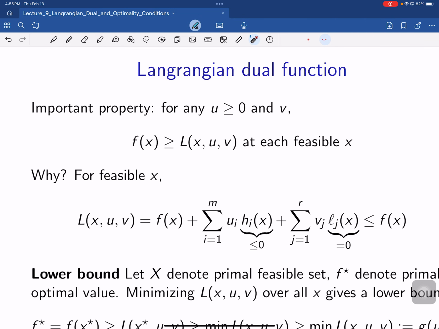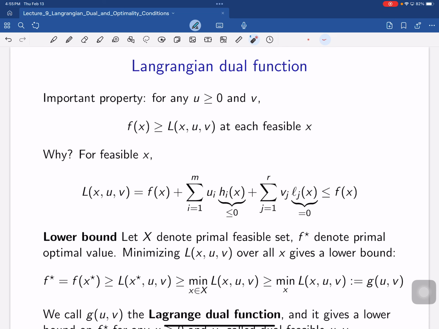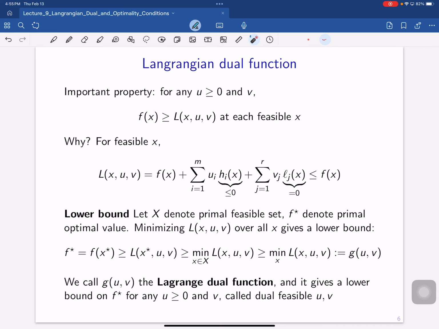So here the argument is for any u greater than or equal to 0, now we have this particular lower bound inequality hold.